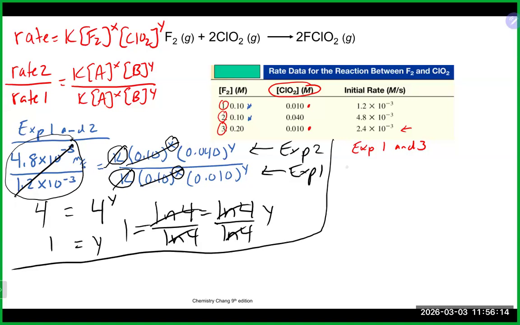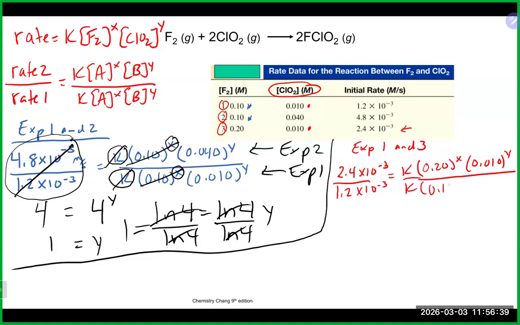So if we do that here, we're going to get 2.4 times 10 to the minus 3 equals K. And all this is experiment 3's information, 0.2 to the X, 0.01 to the Y. Now on the bottom, we're going to put all of experiment 1's information from the table, 1.2 times 10 to the minus 3, K, 0.1 to the X, 0.01 to the Y.